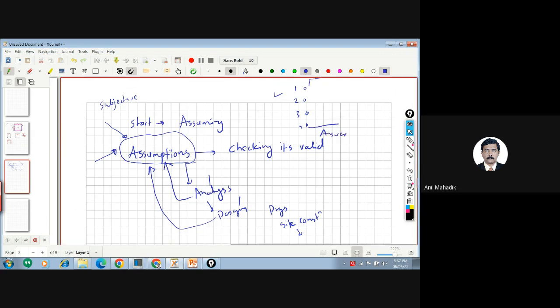If this is the problem and I know these steps, I will get the answer. But it is not always possible for all kinds of problems in structural engineering. You need to give your creative thoughts on that. You need to assume certain things, verify them, and then you can get the final answer.